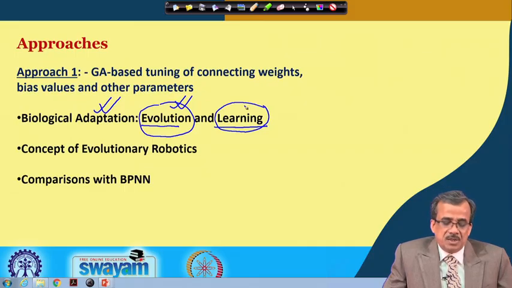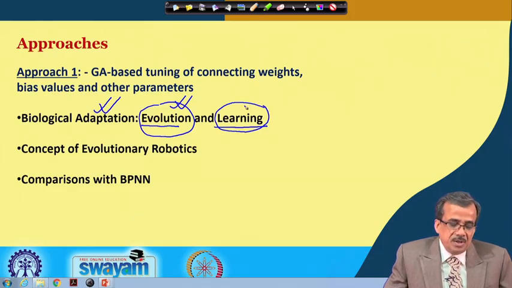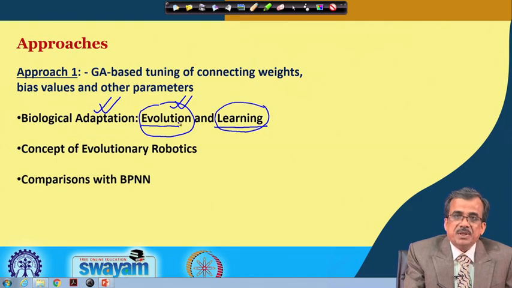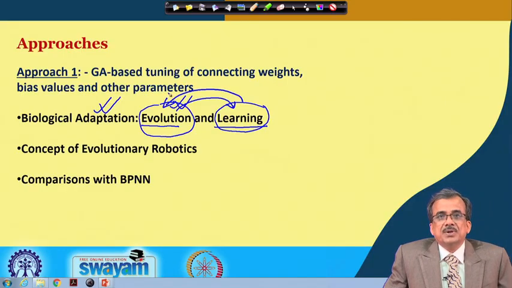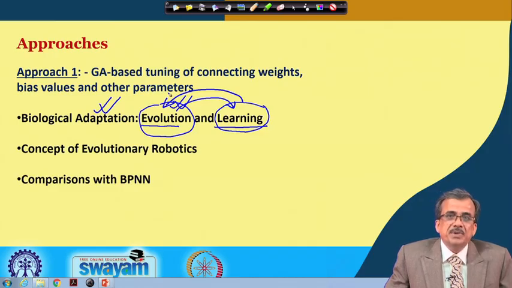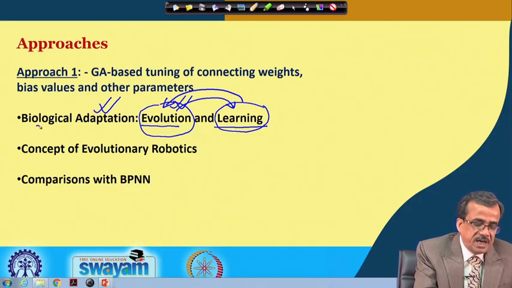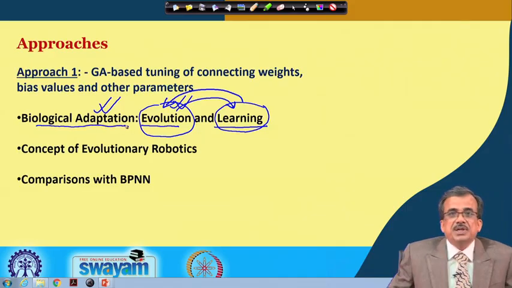And if you see the optimization tools, particularly the nature inspired optimization tools, in these tools we use the principle of evolution. So, this evolution is going to help learning, and learning is also going to help evolution. They are helping each other, and through this mutual help, there is a chance the rate of biological adaptation is going to increase.